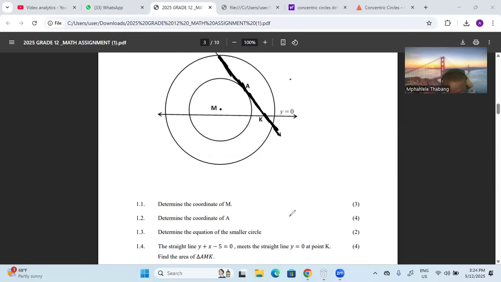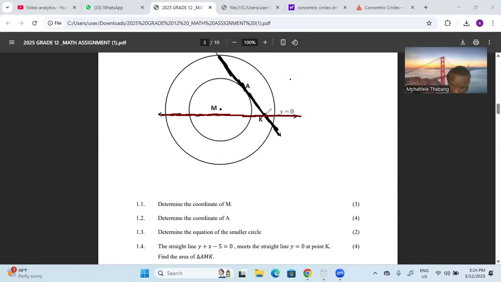Yes, the straight line y + x − 5 = 0 meets the straight line y = 0 at a point K. The straight line y = 0 is this one, I'm showing it with a red color.